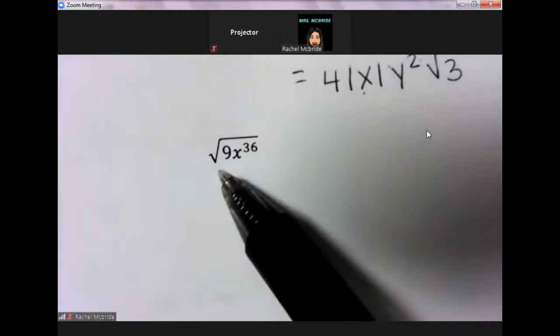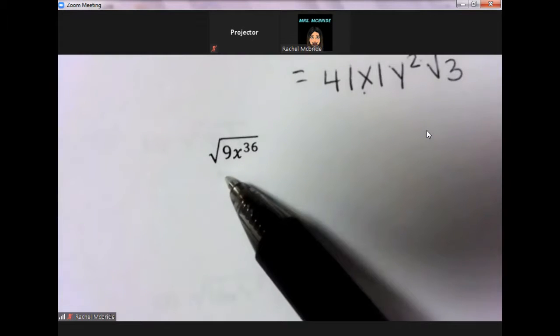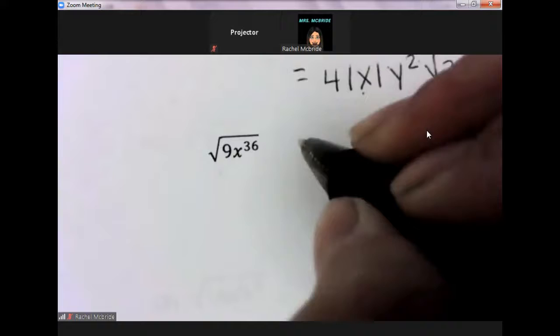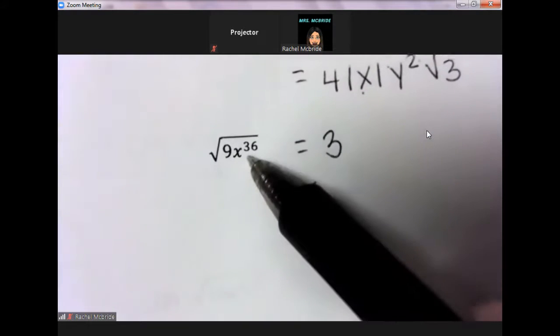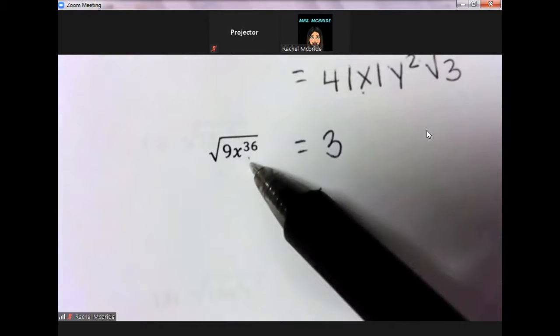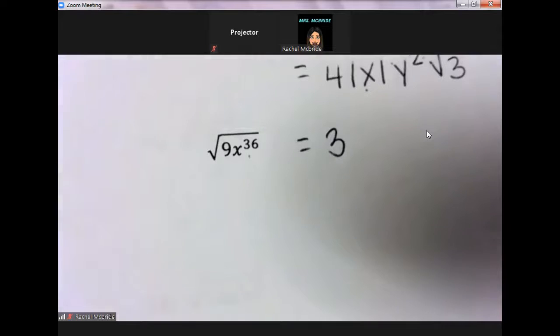Okay, 9 is a perfect square, so the square root of 9 is 3. x to the 36, even or odd? So what do we do with an even number? Divide by 2. So what is 36 divided by 2? 18.